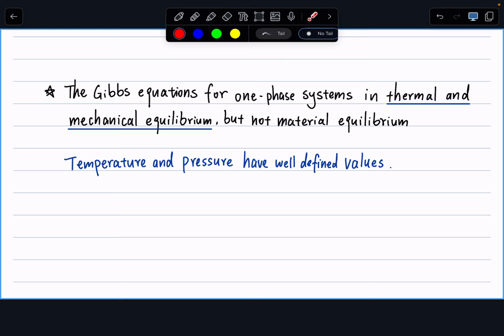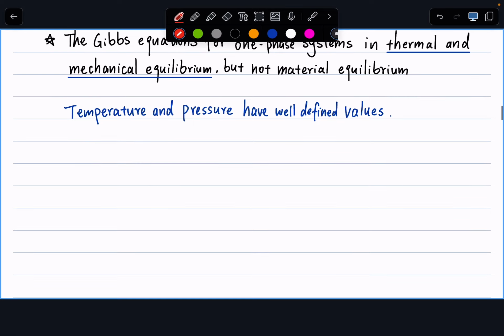So what is our change to our Gibbs equation? Thinking about our Gibbs free energy, we can write it as a function of different variables. It's obviously a function of temperature and pressure.